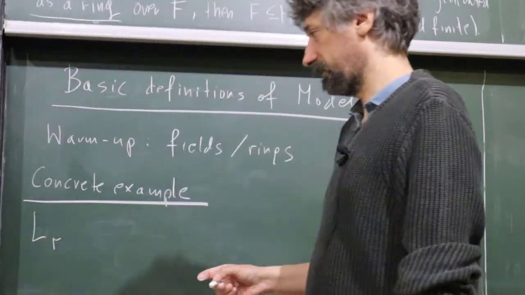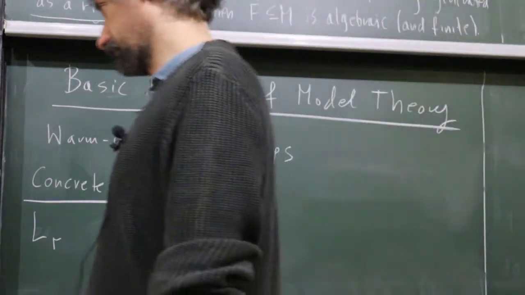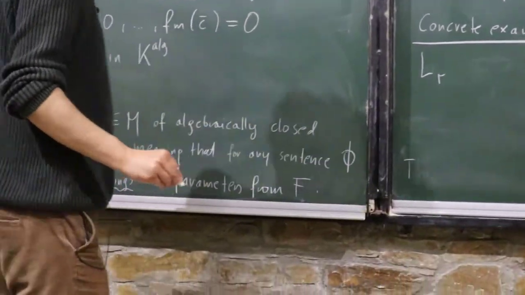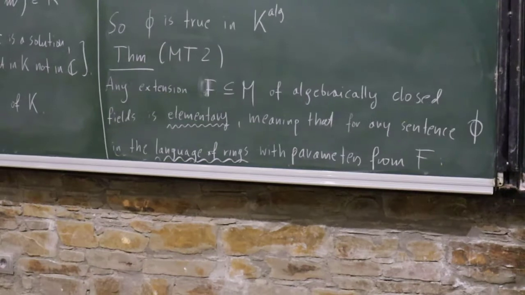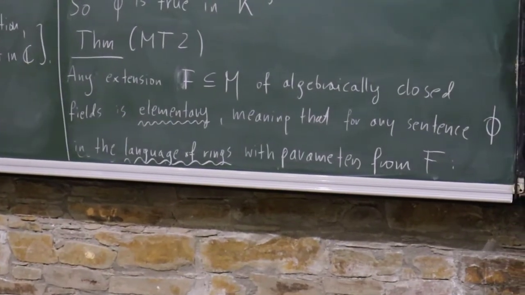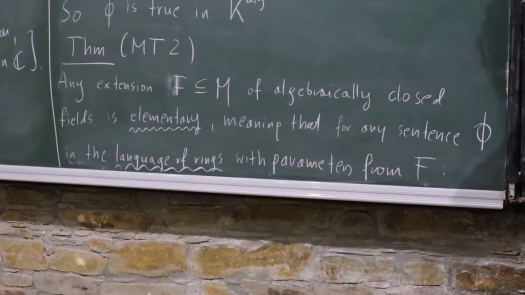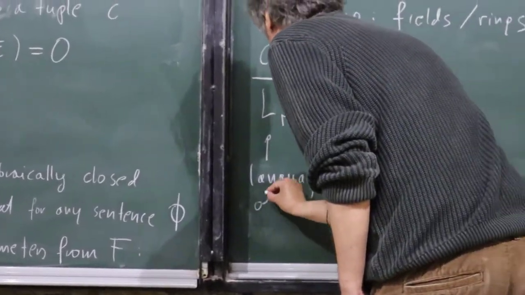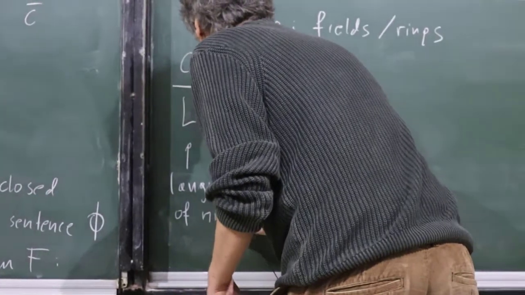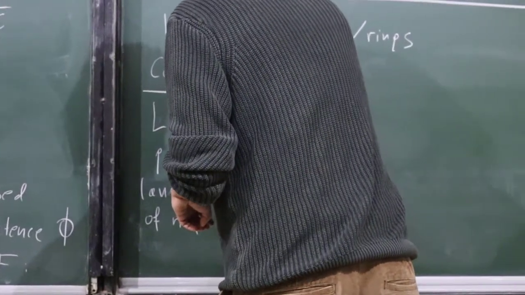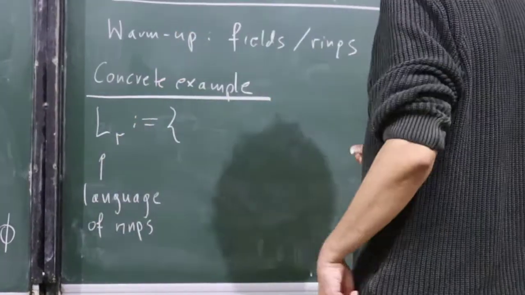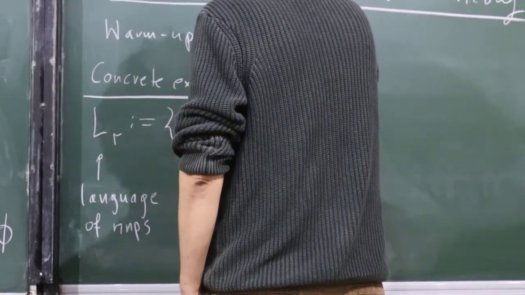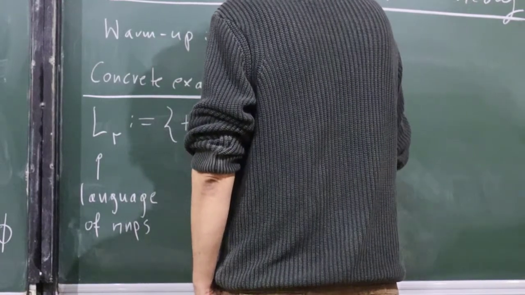This thing I several times said, in the language of rings, yes? So now I'm defining, well, example and definition. What is the language of rings? Okay, so for me it is plus, times, minus, 0, 1.